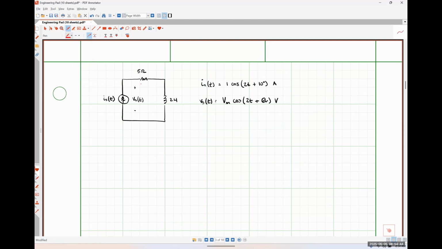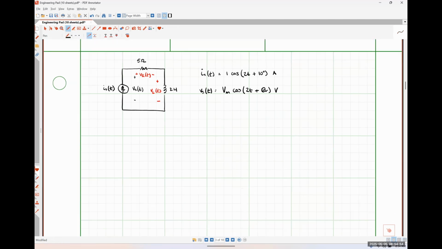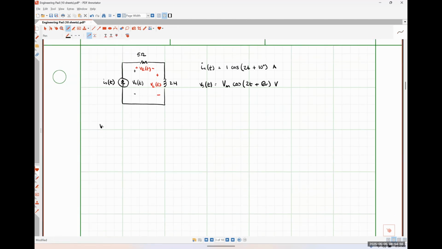So let's say that the voltage drop across our resistor is this voltage VR of t, and this voltage VL of t, like so, that I can say Vs of t is equal to VR plus VL. So before I go any further from this, does anybody have any problem with that?